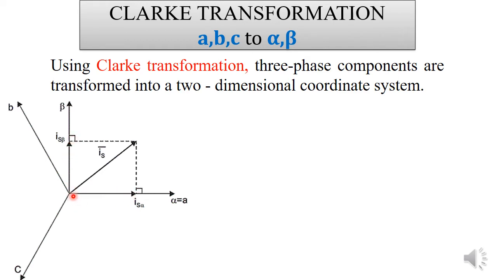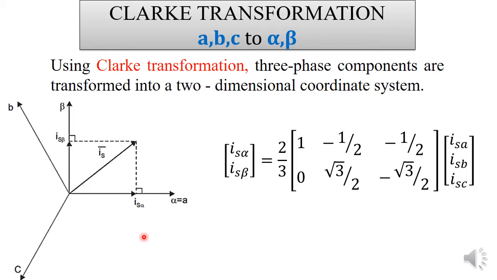That means IS alpha is along an axis alpha and IS beta is along a perpendicular axis beta. That's why it is mentioned as ABC to alpha beta system. So using Clarke transformation, three-phase components are transformed into a two-dimensional coordinate system. Now for this purpose, we use a transformation matrix known as Clarke transformation matrix. This is how the transformation is done.